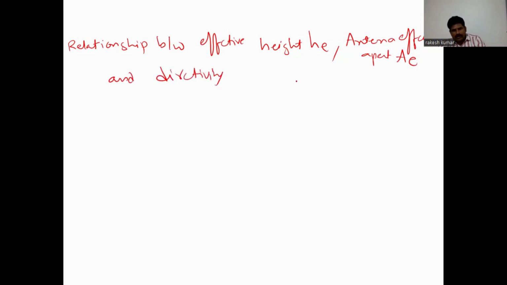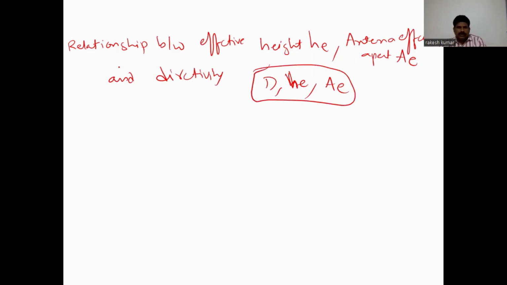So we want to bring a relationship between directivity, effective aperture area, and effective height. We want to bring a relationship between these three.